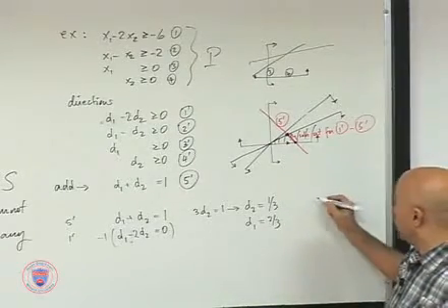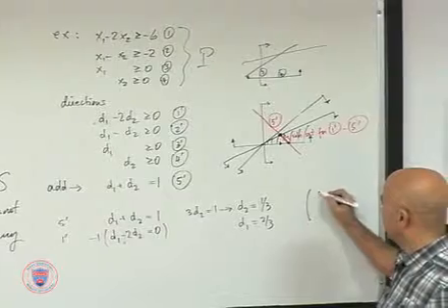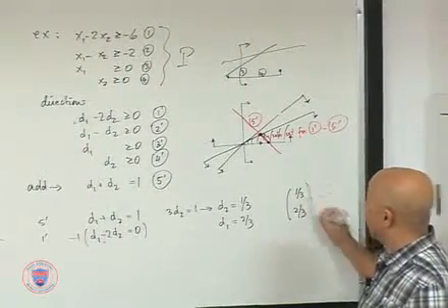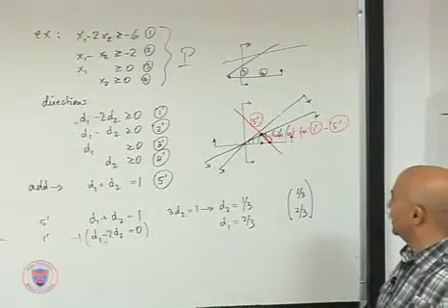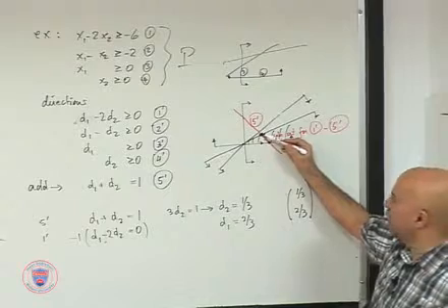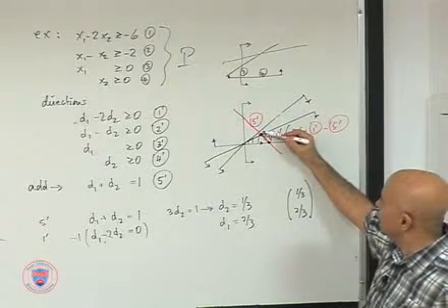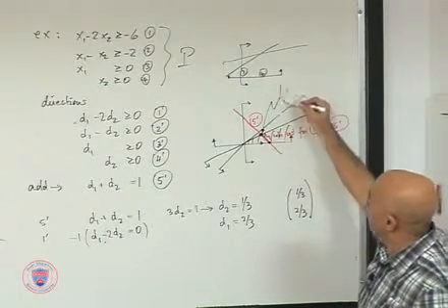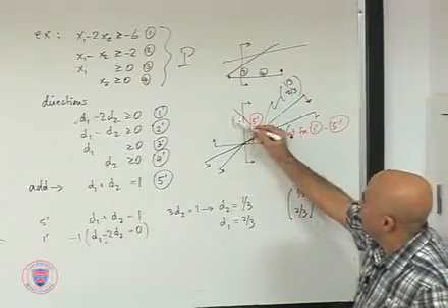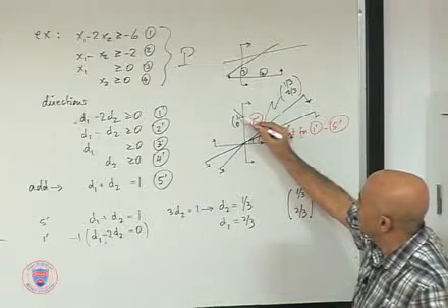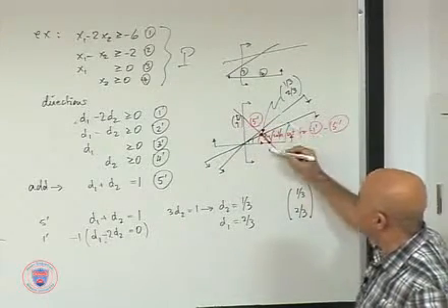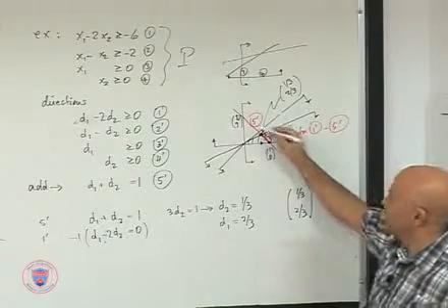Okay? So this is the vector 1/3, 2/3, in normalized fashion. So that's the point 1/3 and 2/3, if your intercepts here are 0, 1 and 1, 0 for the red line.